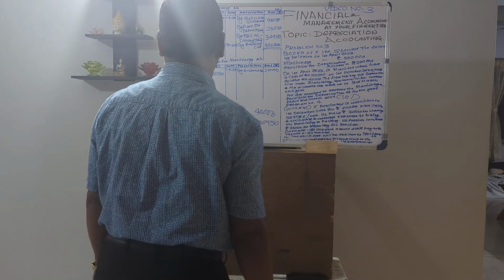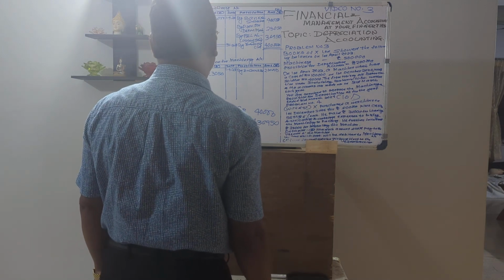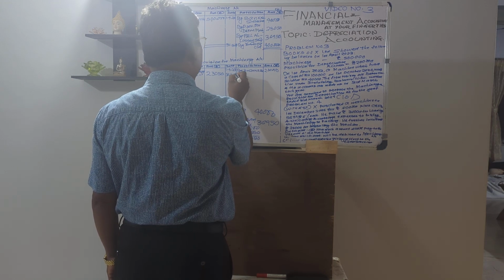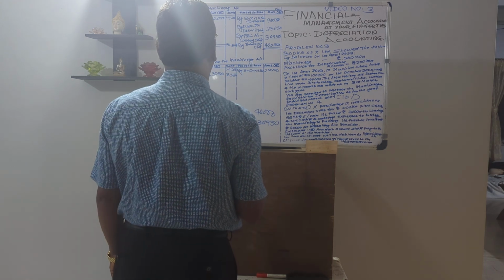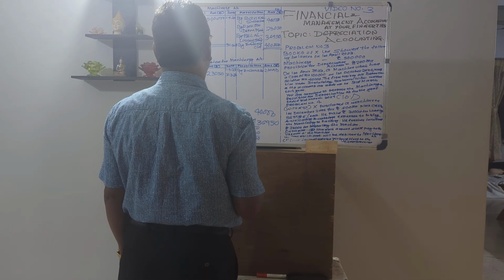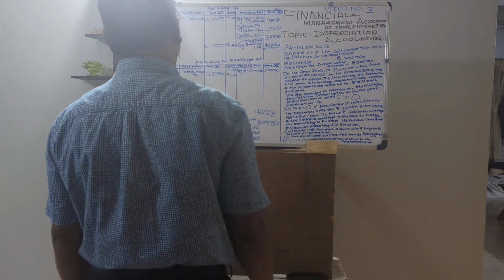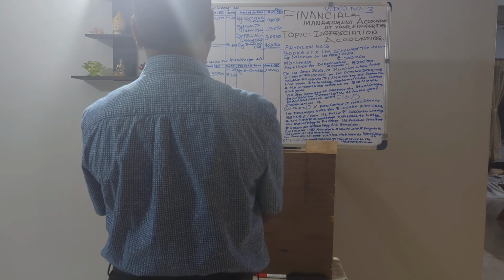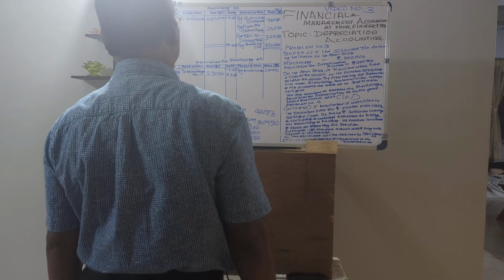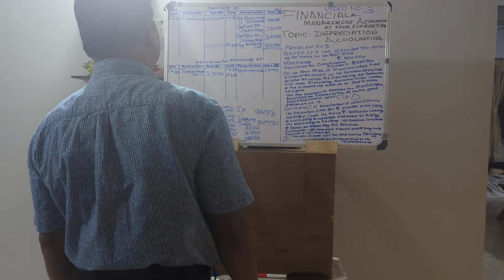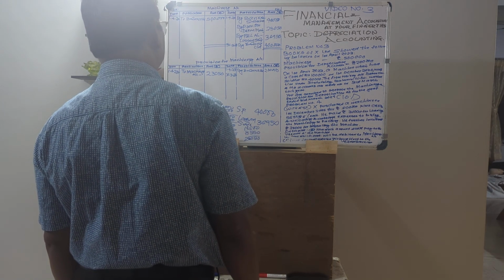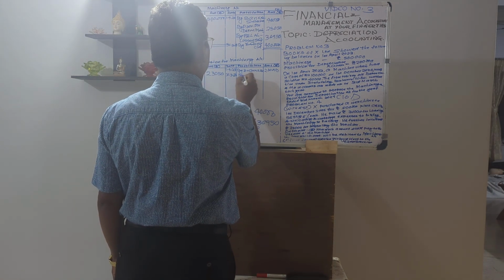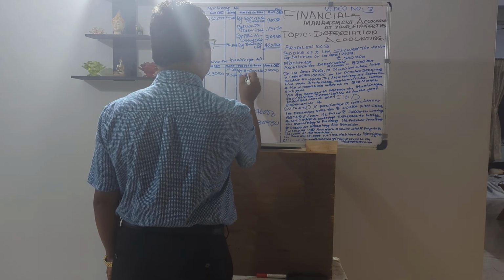So here the provision on 31st March 2023, we have to keep the provision for machinery account debited to machinery account. Then the amount is by depreciation.